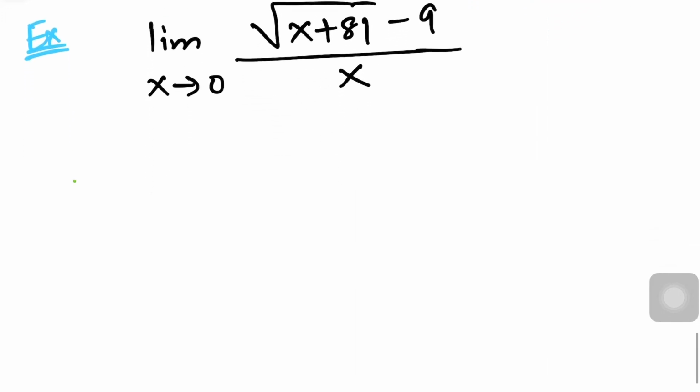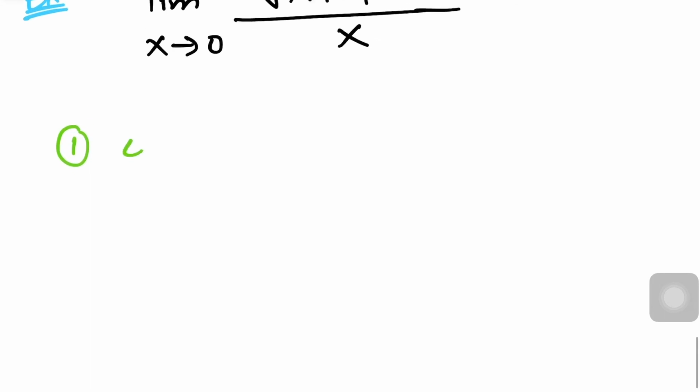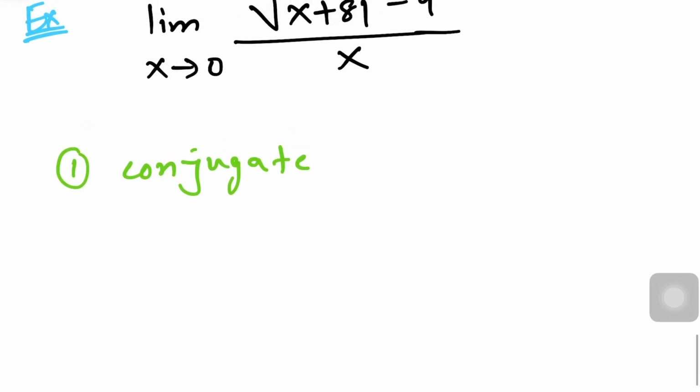Let's take a look at the example. The limit of square root of x plus 81 minus 9, over x, as x approaches 0, equal to what? We want to solve this problem. Before I show you how to solve this problem, I want to talk to you about two things. The first thing is conjugate. So what is conjugate? The idea is simple. If you have a plus b, the conjugate of a plus b will be a minus b, okay?